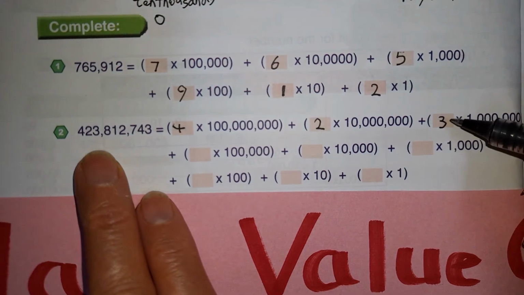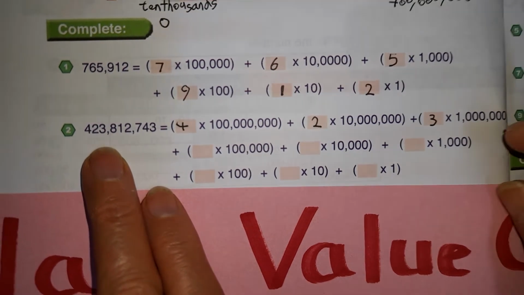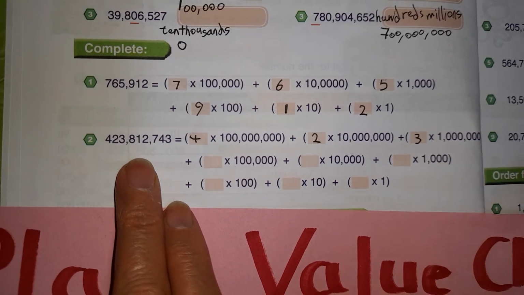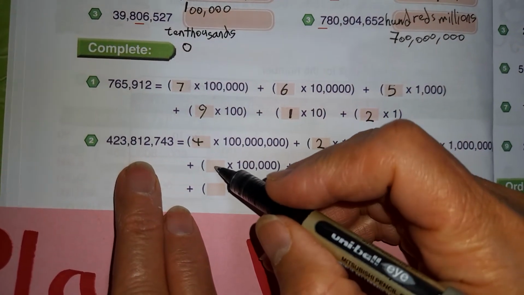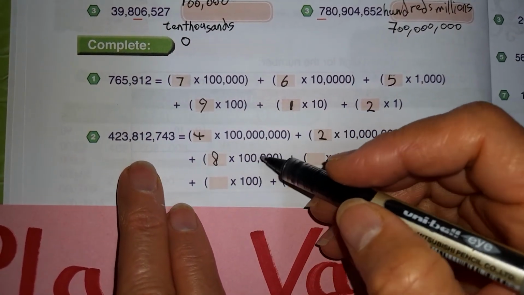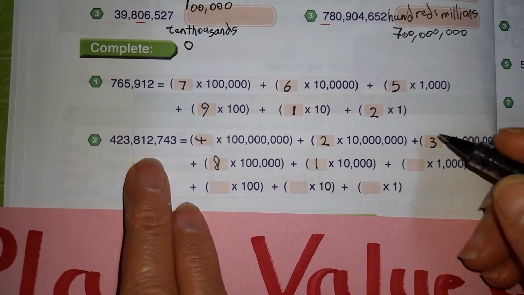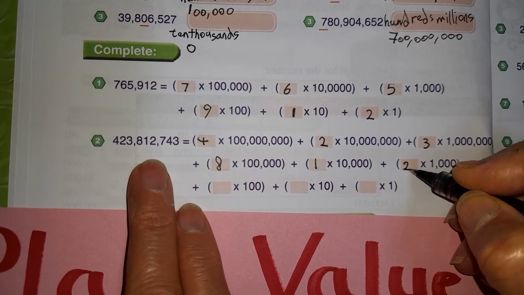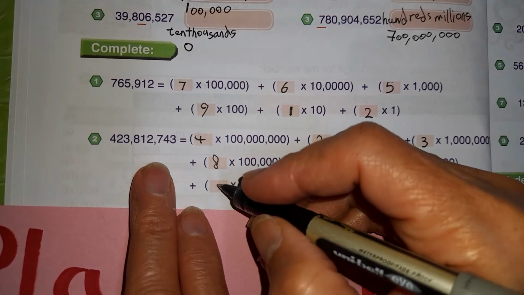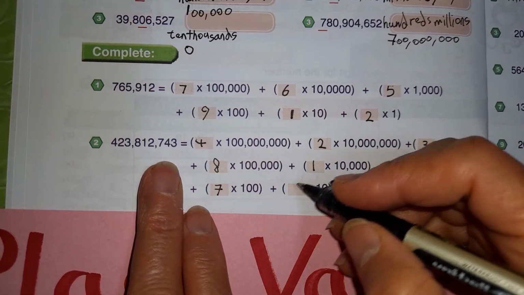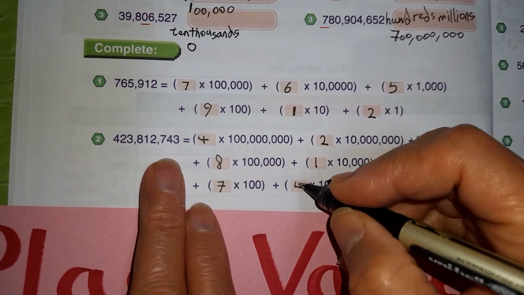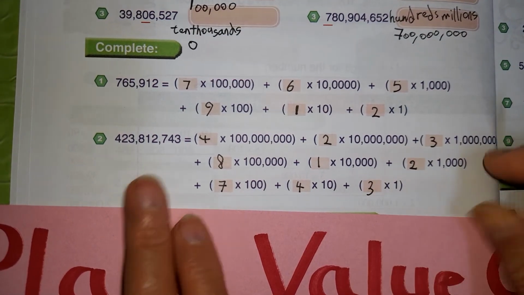So you will multiply 3 with millions, with 6 zeros. Now let's go to the 1,000 period. It's 8 times 100,000, 1 times 10,000, 2 times 1,000, in the millions, 7 times hundreds, 4 and 3.